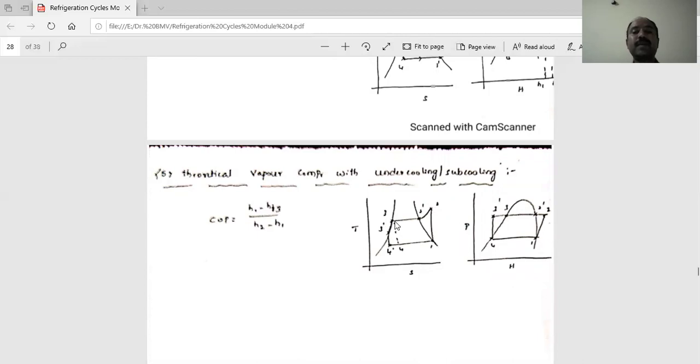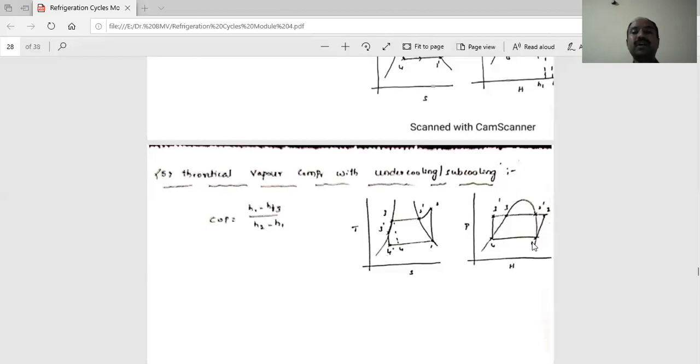Then once again there is subcooling, 3 dash, 3 to 4. The liquid is cooled, and the saturated liquid temperature is reduced, so it becomes 3 dash to 4 dash.